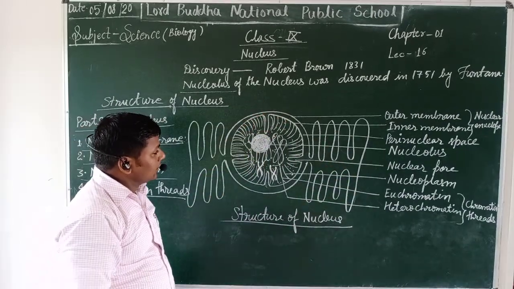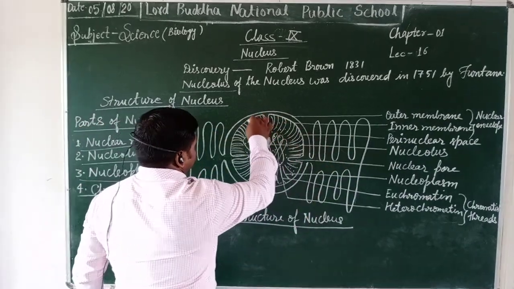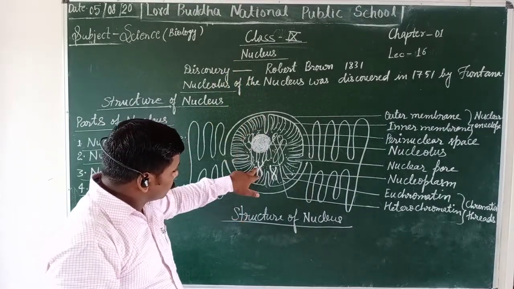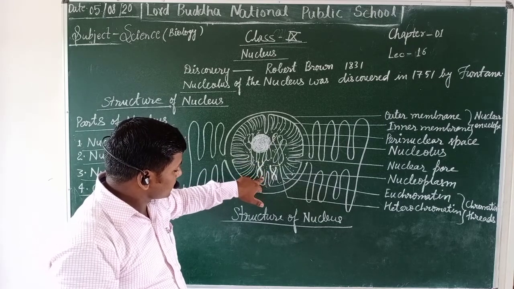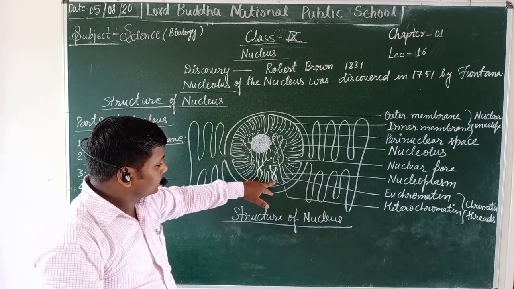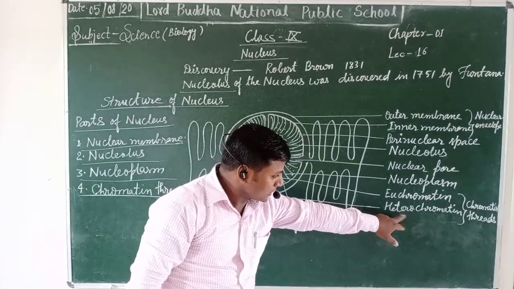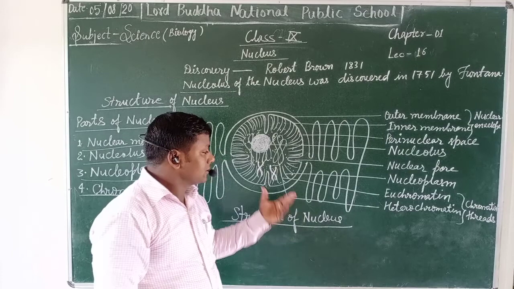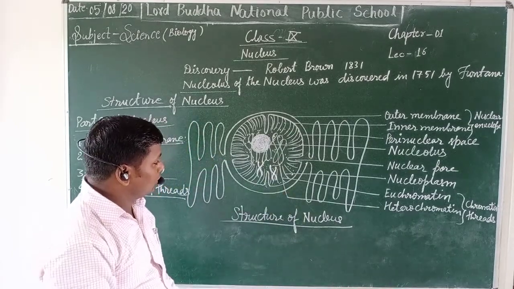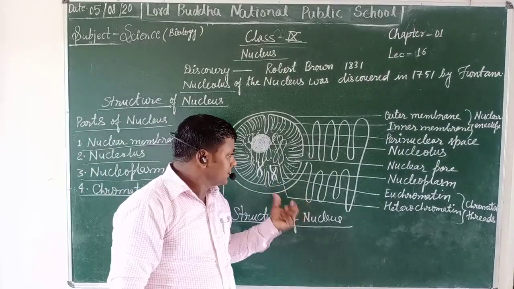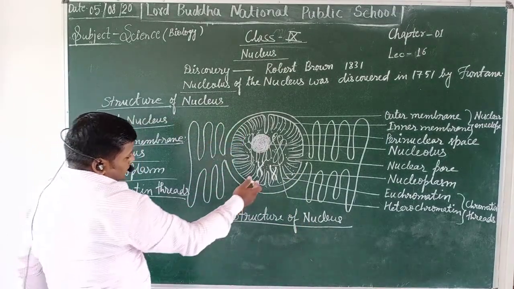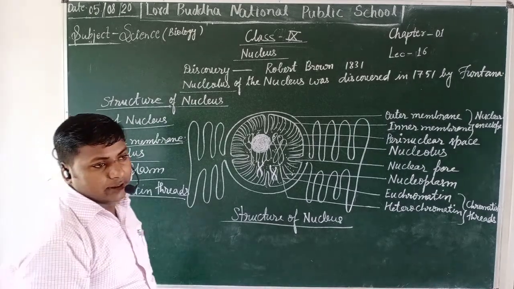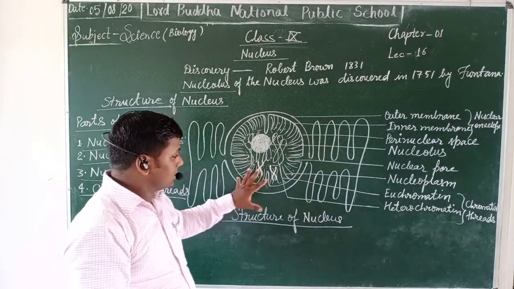These are not very essential from the point of view of genetic material, but the intermingled, crisscross and thicker structures of chromatin threads, which are called heterochromatin, are responsible for the formation of chromosomes during the process of cell division. They consist of histone protein, and there are mainly four types of histone proteins present in the nucleus.